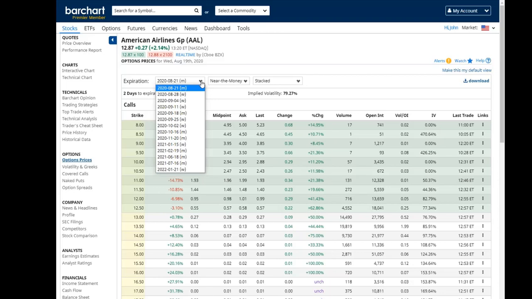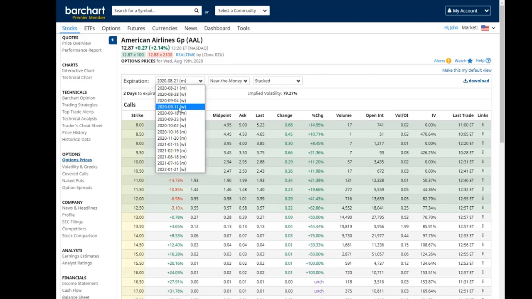And when we start to do some analysis between weeklies and monthlies, what we're going to discover is that monthly options will give us some greater advantages, especially when we look at ones that are relative in expiration time. So let's look at that.